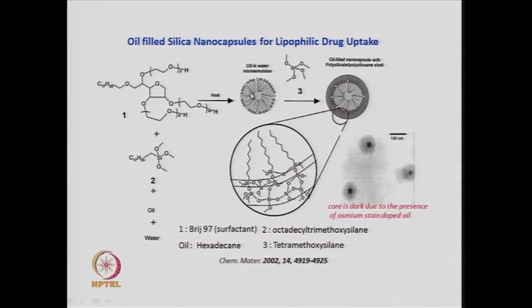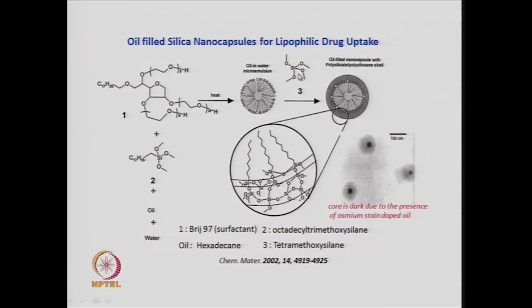Here the oil which is hexadecane oil will be inside, and these long chains are the hydrophobic part of this surfactant molecule, which is Brij 97, and inside you will have the hexadecane oil incorporated.